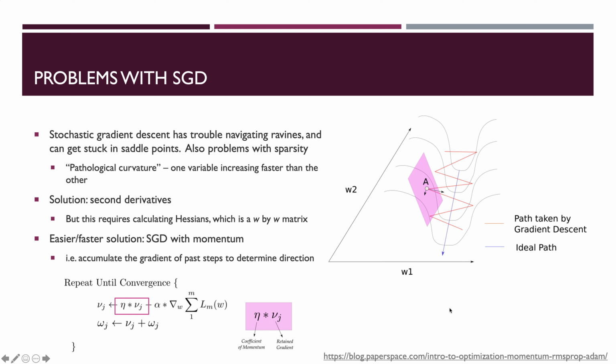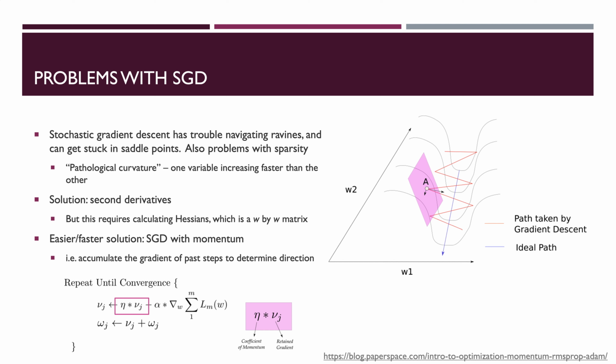So in this case, if the algorithm is at this point A, it sees that it's really steep in the W1 direction. So it thinks the minimum is in that direction. But really there's another wall there, so it's going to jump back and forth and go much slower than the optimal path of straight down the middle.